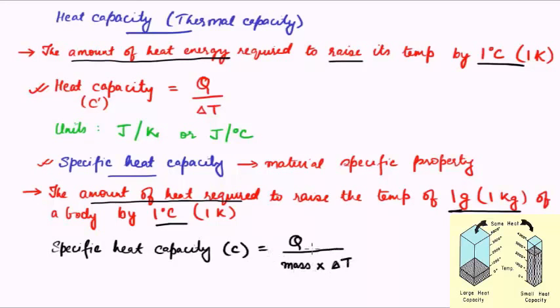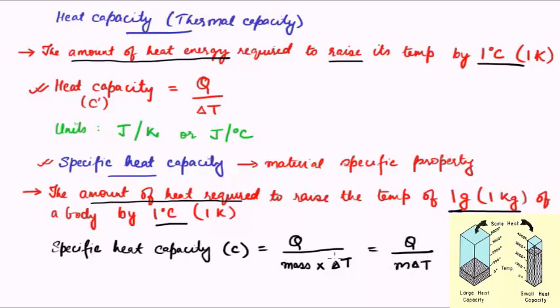So heat required per mass per degree Celsius rise. That is the specific heat capacity. It can be easily written as c = Q / (m ΔT).